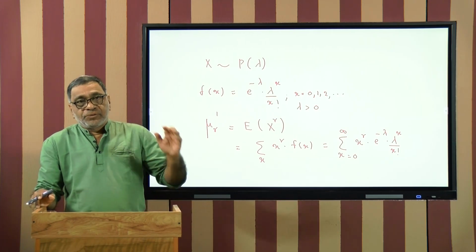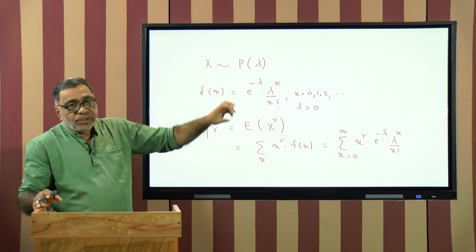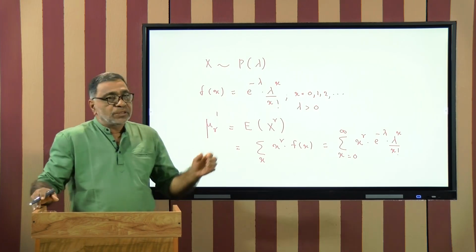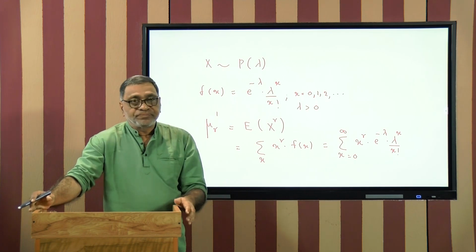Using the Poisson probability mass function f of x, we are finding the rth arbitrary moment of the random variable x, that is mu r dash, equal to this expression.